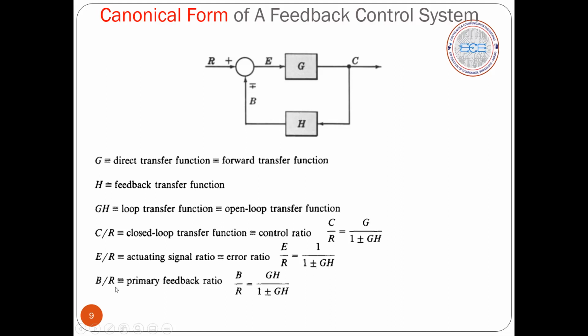Okay, B by R is the primary feedback ratio, that is the feedback signal to the input signal R. That ratio, if I compute, we call the primary feedback ratio, B by R, which is equal to G into H divided by 1 plus or minus G into H.